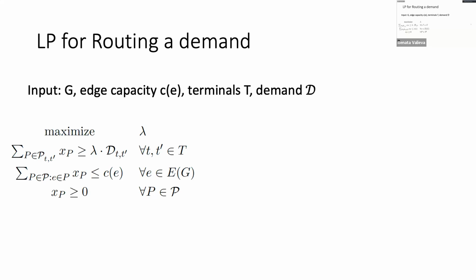And that is lambda, maximizing the fraction. For every pair of terminals, we send lambda fraction of the demand between them via flows, and the flows cannot violate the capacity constraint. So this is just an LP for computing the maximum lambda. In fact, the congestion is 1 over lambda.